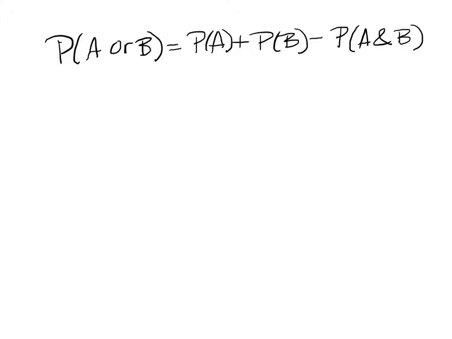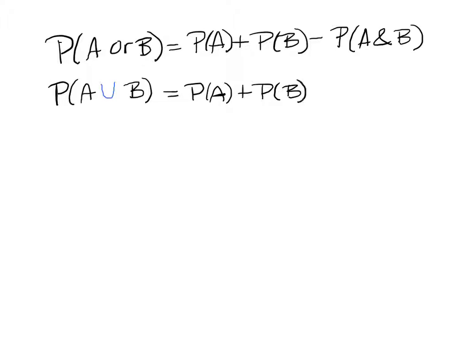Now let me show you another notation, and it's a really weird notation, but we're going to do the probability of A or B, only instead of the or, we're going to use this U. And that just means the union of A and B. So the probability of A union B equals the probability of A plus the probability of B minus the probability of A and B, only now instead of and, I'm going to use the upside down U, which stands for intersection of B. So you might see this notation once in a while, so just be aware of it.